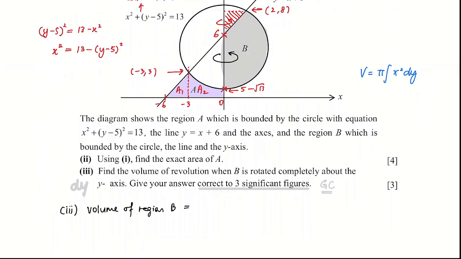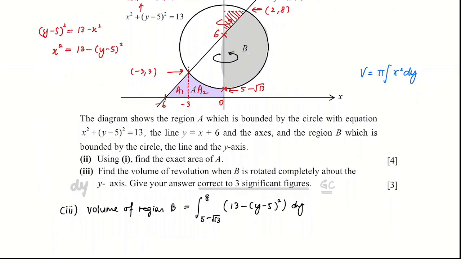For the volume of region B, first we are going to integrate from 5 minus root 13 all the way to 8. Take the y value from here all the way to here under this curve, of x squared dy. So the x squared over here is 13 minus (y minus 5) squared, dy.